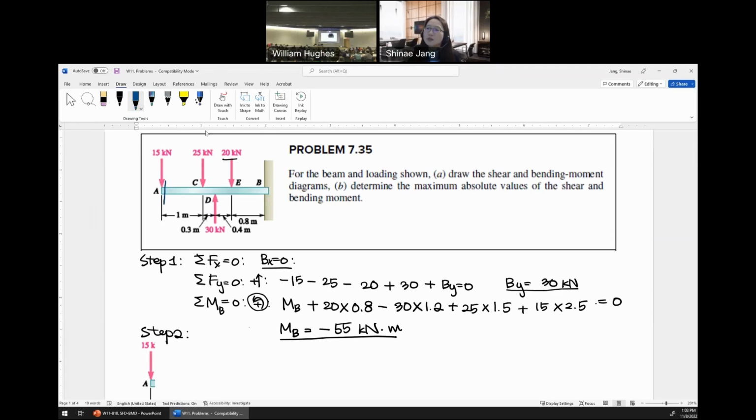So after this one, this distance is very, very small, just right after 15 kilonewton, right? And then right after 25, right after 30, right after E. Okay, so let's try these 4 sections. Let's say this is 1, 2, 3, 4.